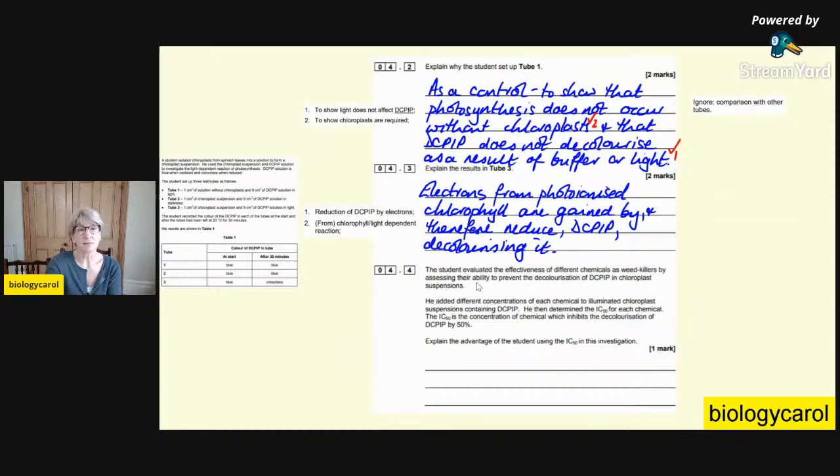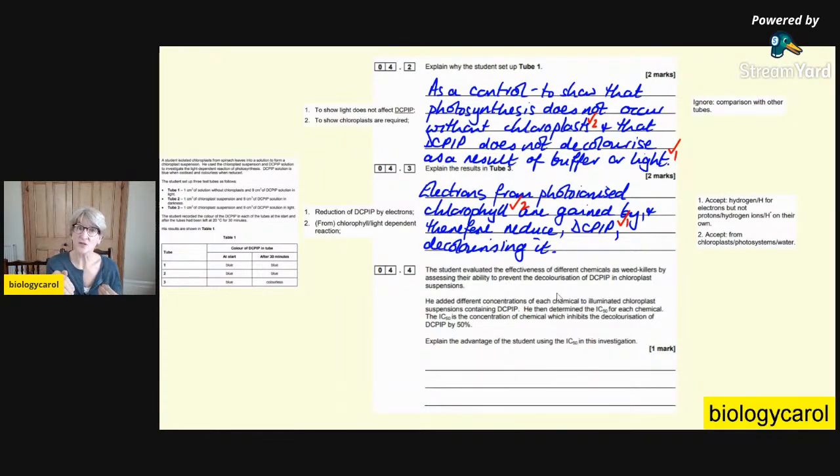Okay, so those are the mark scheme and the notes, and there are marks. The student evaluated the effectiveness of different chemicals as weed killers by assessing their ability to prevent the decolorization of DCPIP. Because of course, active photosynthesis decolorizes DCPIP. In other words, healthy photosynthesis.